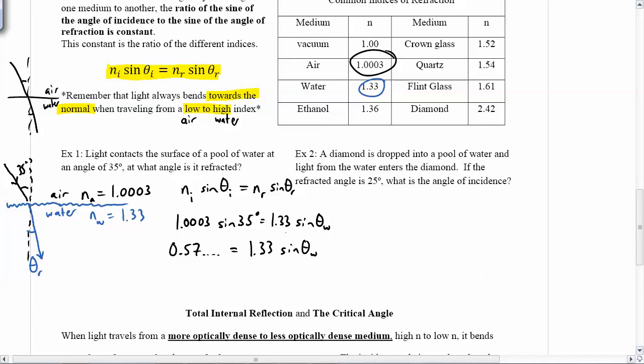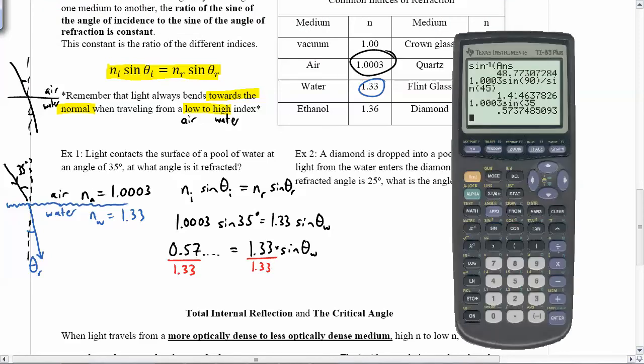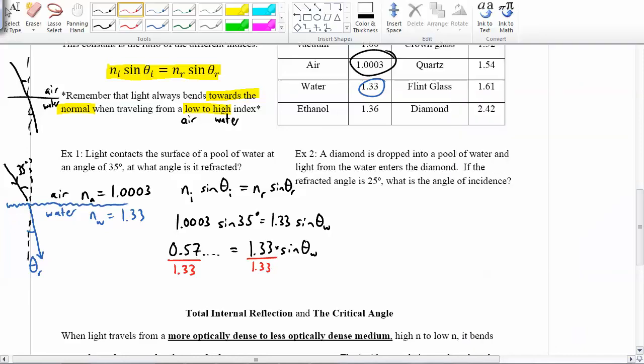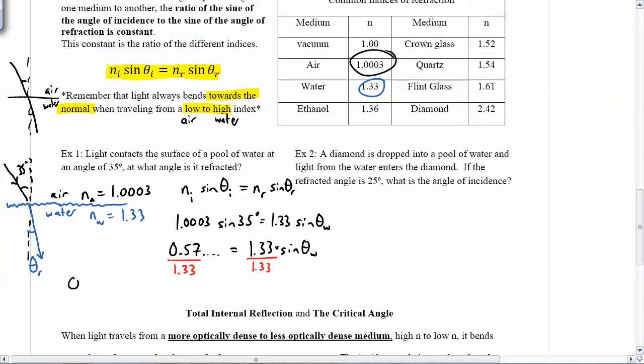Now this equals 1.33 times sine of theta w. In order to move the 1.33 to the other side, I've got to divide both sides by 1.33. So I get 0.43 equals sine theta w. Again, I'm going to keep all those numbers.